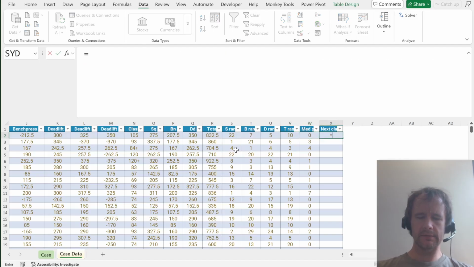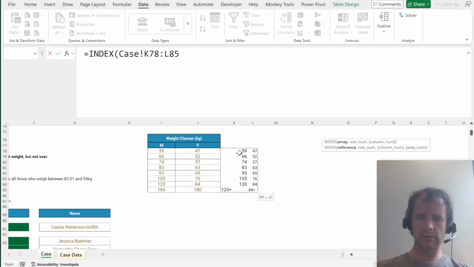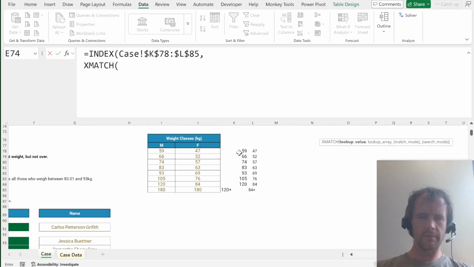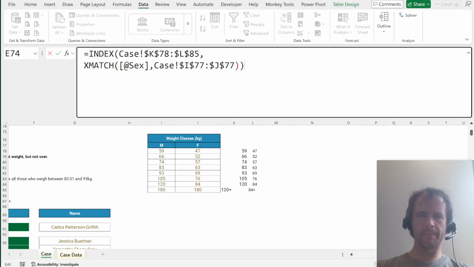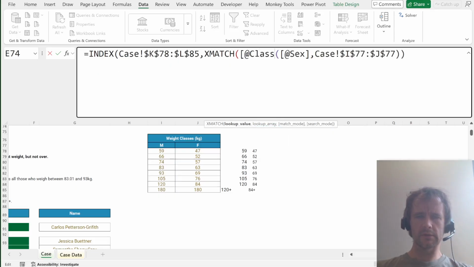So let's say INDEX on this by the column is going to be XMATCH at 6 against this. Sorry, that goes inside. And then it's going to be XMATCH at class.